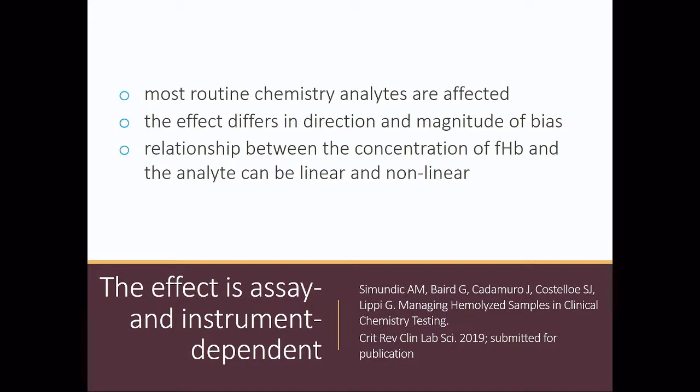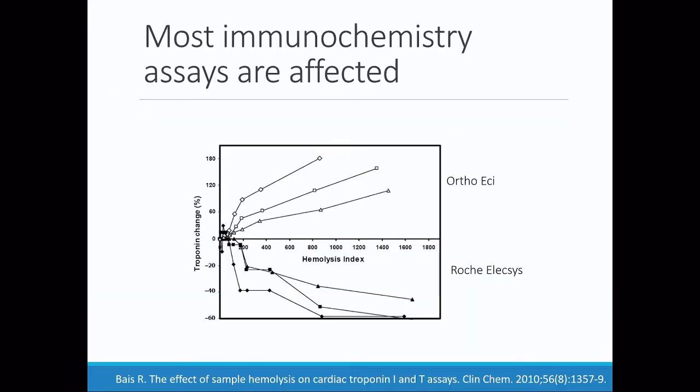To summarize what has been said until now: most routine chemistry analytes are affected by hemolysis. The effect differs in direction and magnitude of bias, and the relationship between the concentration of free hemoglobin and the analyte can be linear or non-linear.